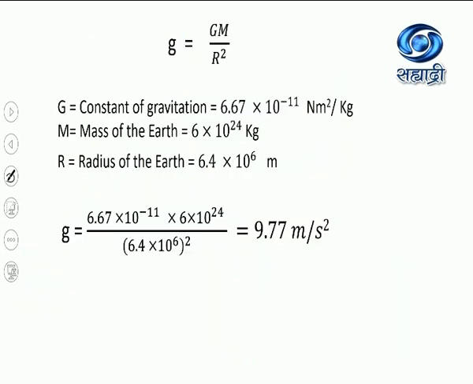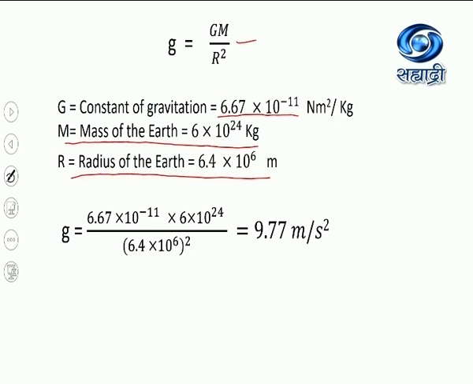Now what is the value of g on Earth? g is equal to GM upon r square, where G is the gravitational constant, 6.67 into 10 raised to minus 11 Newton meter square per kg square, M is the mass of Earth, 6 into 10 raised to 24 kg, and R is the radius of Earth, 6.4 into 10 raised to 6 meters.